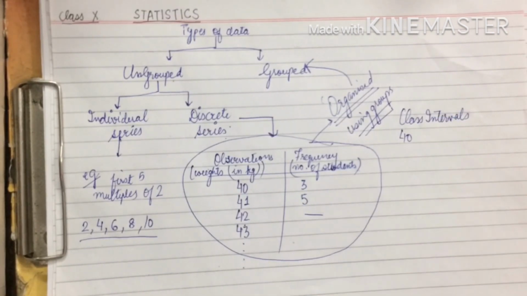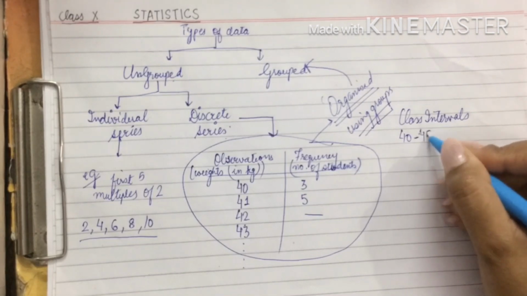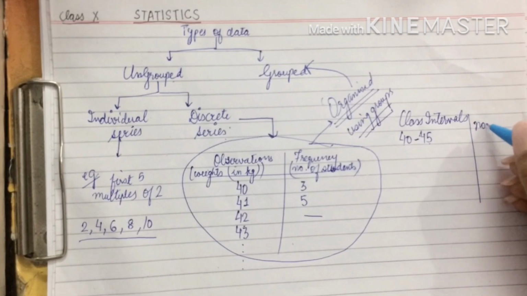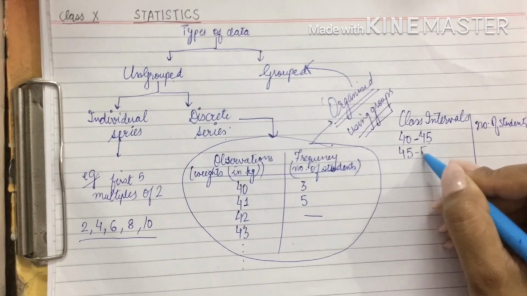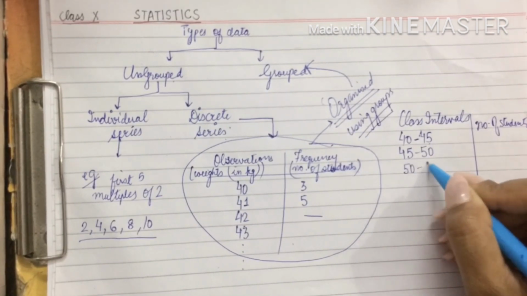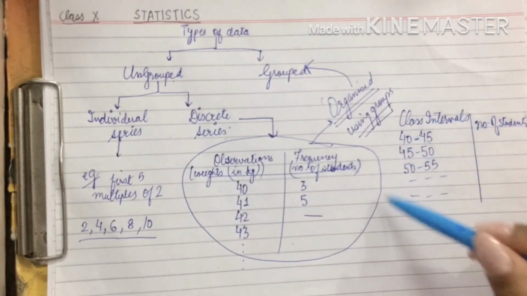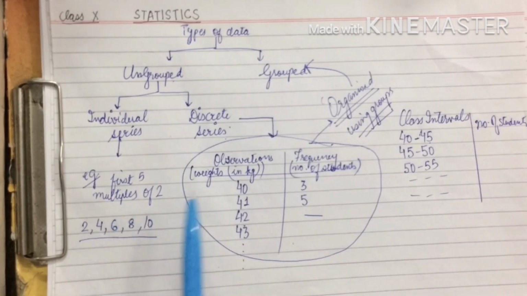So depending on the observations, I can simply make groups. I am making groups for up to 5 kg. So 40 to 45 kg, I will write down how many students are there. The next group could be 45 to 50, then 50 to 55, so on. You are familiar with this. Right now we are not focusing on this. Let's focus on these two.